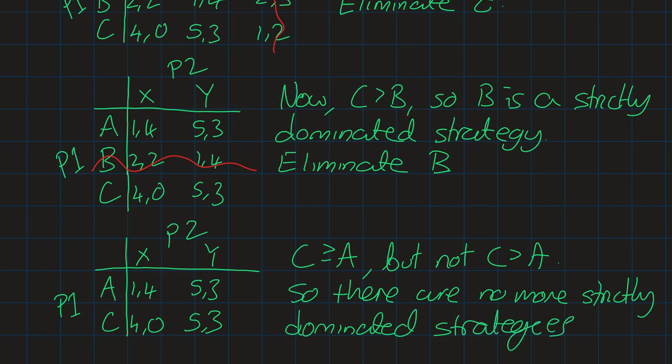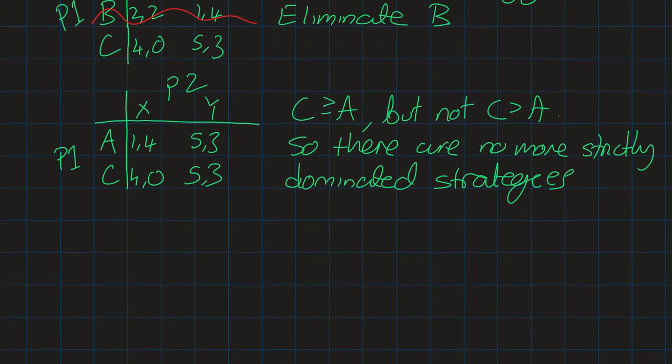What does this mean in terms of the game? This means we stop. That's the end of the algorithm. We can't go any further. To apply the algorithm, you need a strictly dominated strategy, and there simply aren't any more left. So this is as far as the algorithm goes. And in this case, we can't say what the rational outcome of the game is because we haven't rounded it down to one possible outcome.